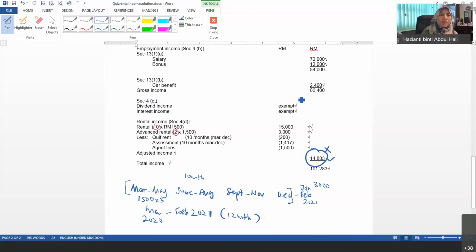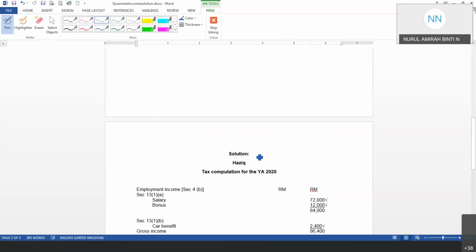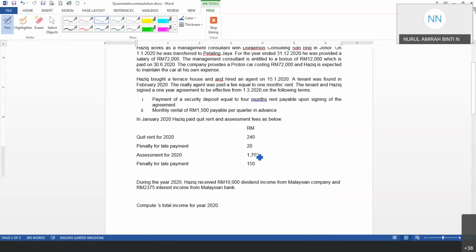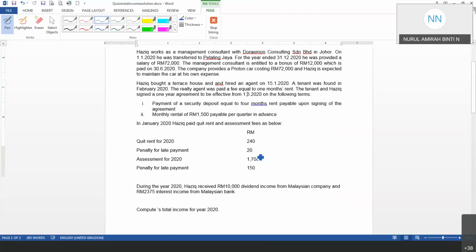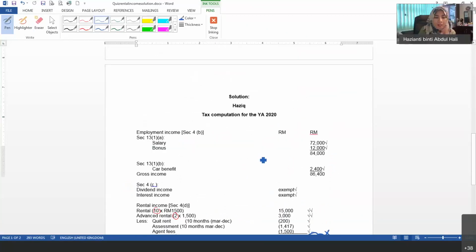Siapa tadi ada soalan? Nak tanya, saya confuse sikit dekat agent fees tu. Sebab dalam video madam hari tu, ada tengok yang agent fees untuk first time tenant tak boleh deduct daripada apa ni? Expenses. Okay.